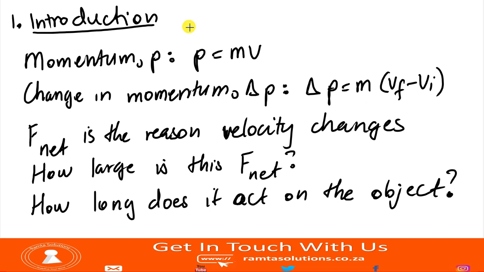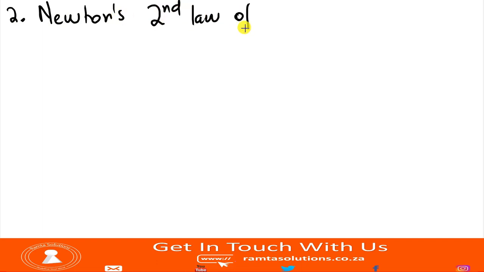Okay, all right, moving on. So now we're going to remind you guys of Newton's second law of motion. Allow me to call it like this: Newton's second law of motion.